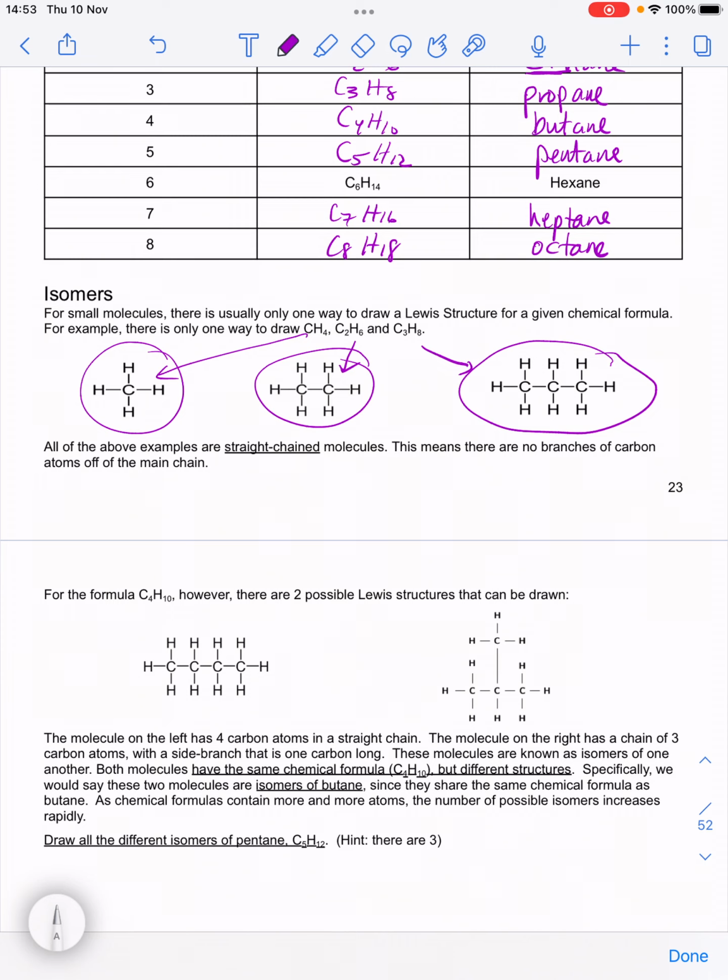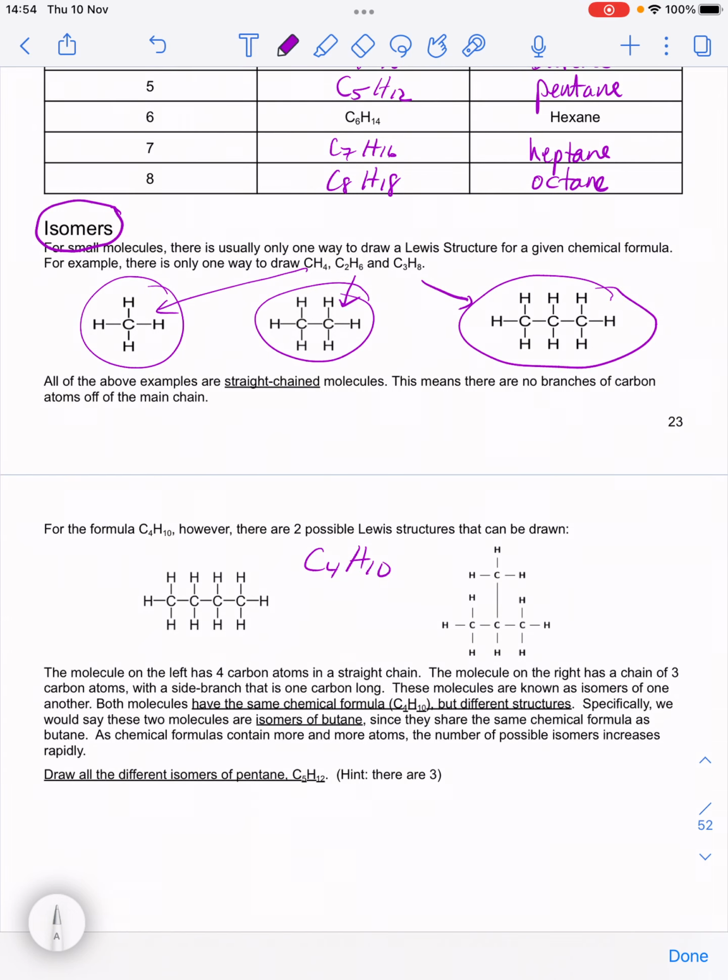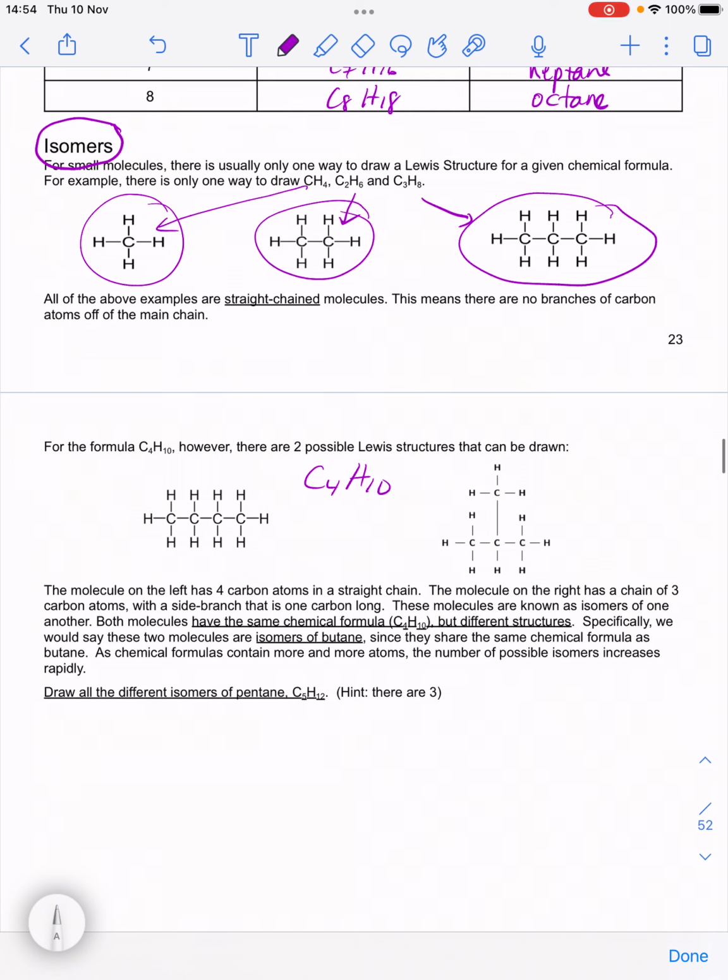So both of these molecules here, if you count them up, there are 4 carbons and there are 10 hydrogens, but they're actually not the same molecule because the atoms are connected differently. So these things are called isomers. And they're really common in organic chemistry because there's lots of big molecules, and there's many different ways that you can draw with the same number of carbons and hydrogens. Now the thing is you need to have a naming system that can name them both.